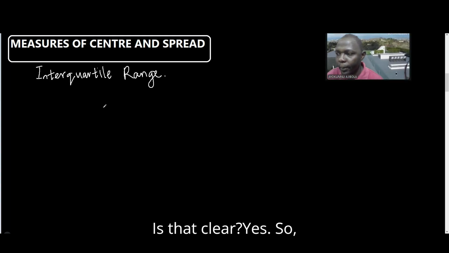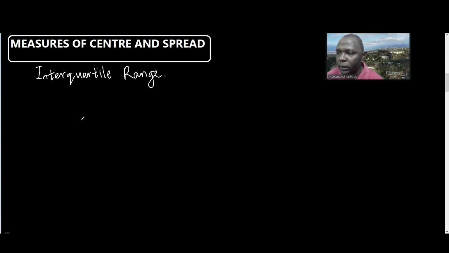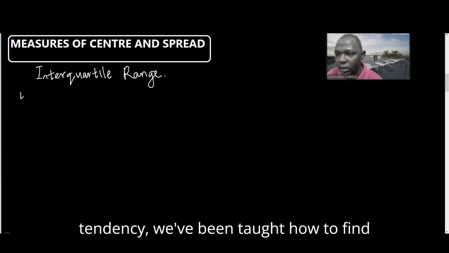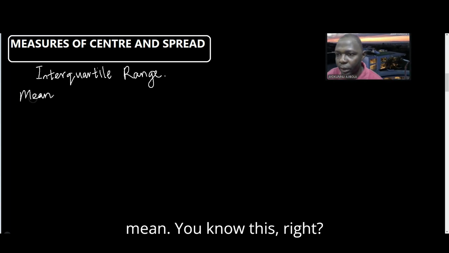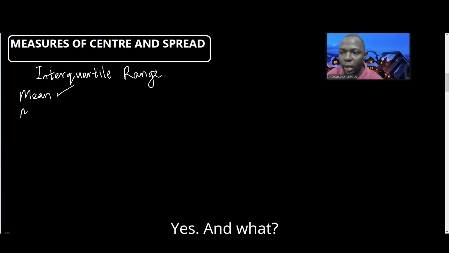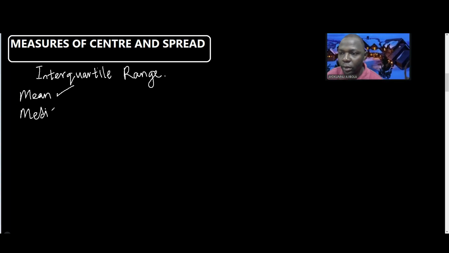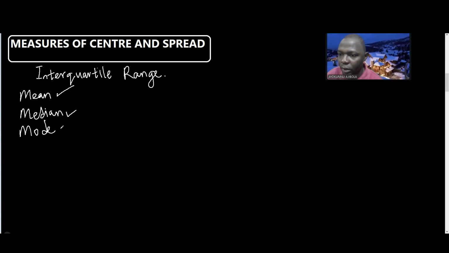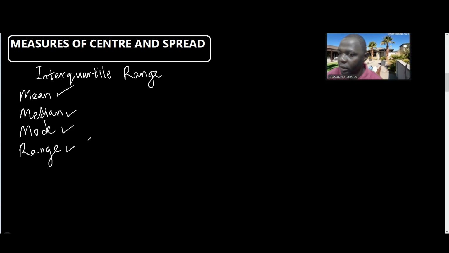Is that clear? Yes. So we know that in measures of central tendency, we've been taught how to find mean. You know how to find mean, right? Yes. And the median, mode, and range, right? Yes.